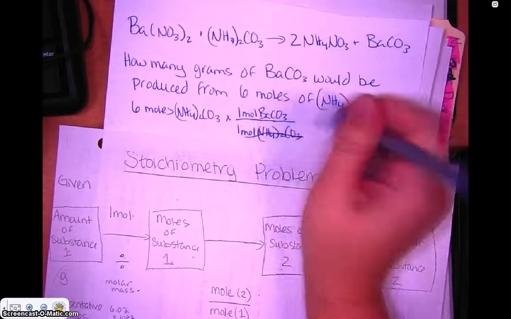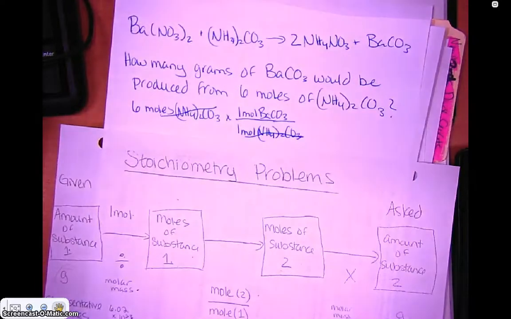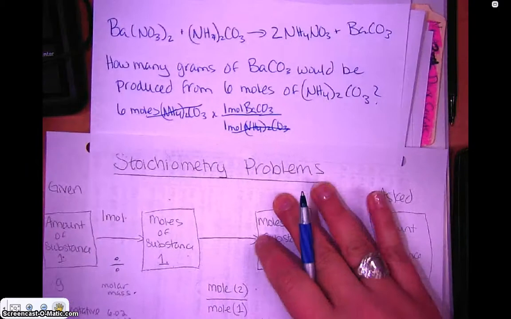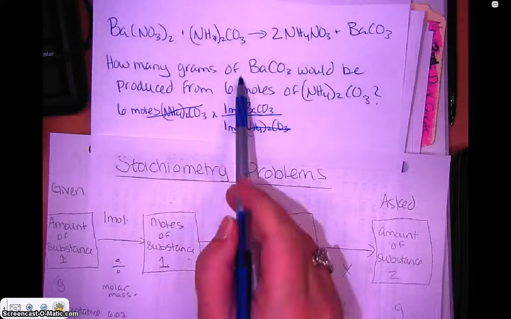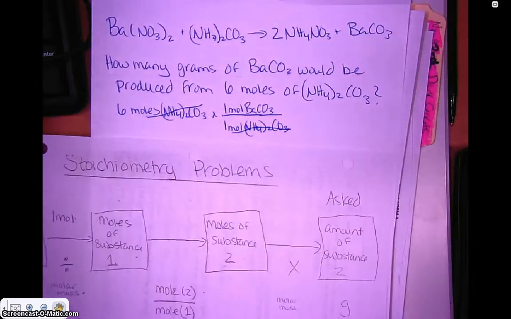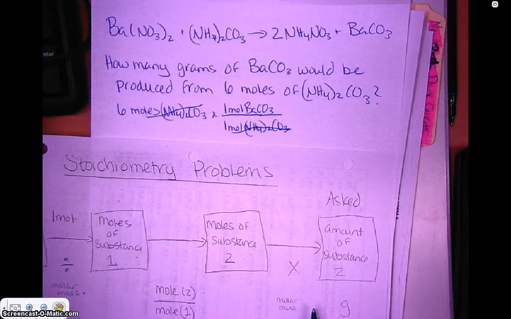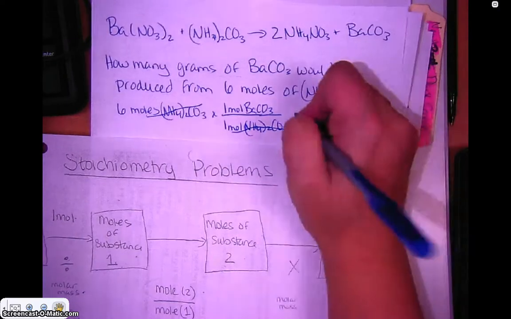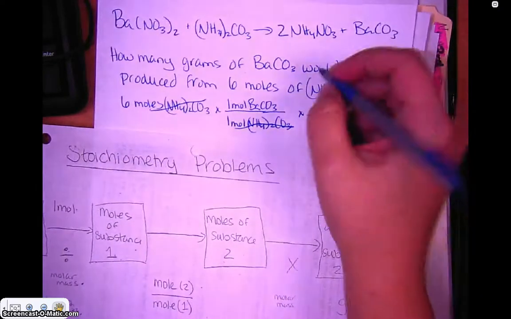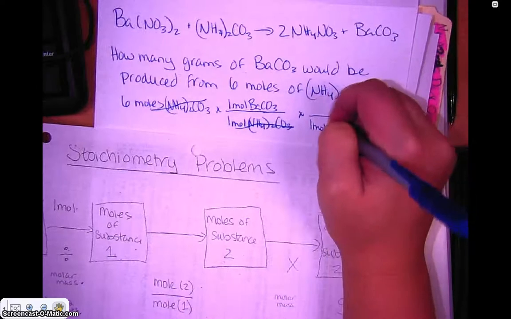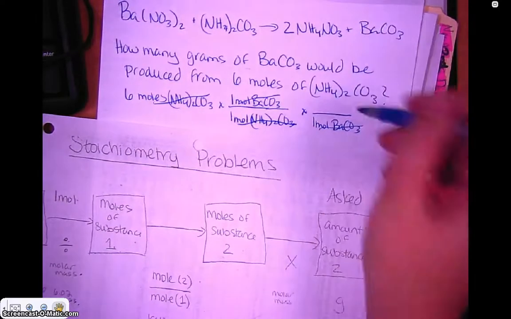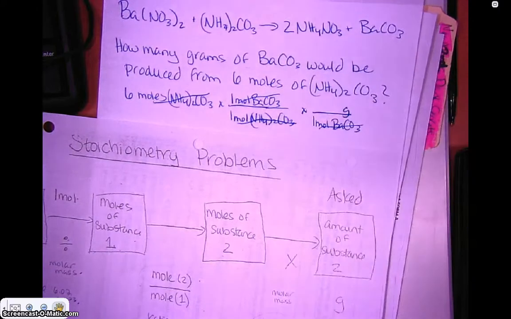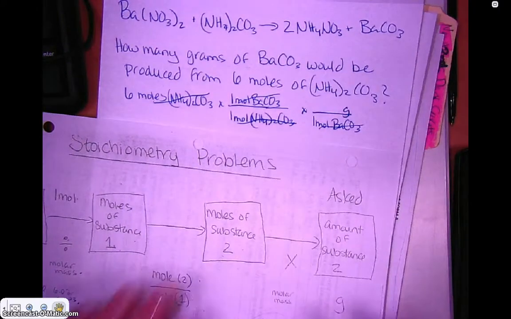Okay, so my moles of ammonium carbonate cancel. Then I need to make one last conversion. I've gone moles to moles, but the question asked me how many grams. I know how to convert from moles of a substance to grams of a substance: I'm going to multiply by the molar mass. So I put 1 mole of barium carbonate on the bottom because I want that to cancel, and then I put the mass in grams from the periodic table on top.